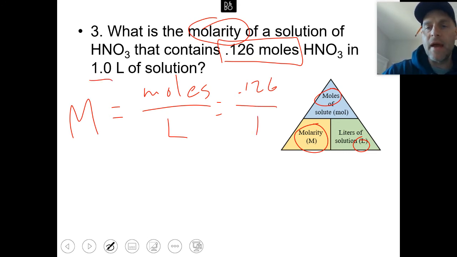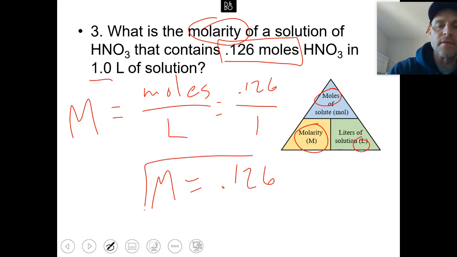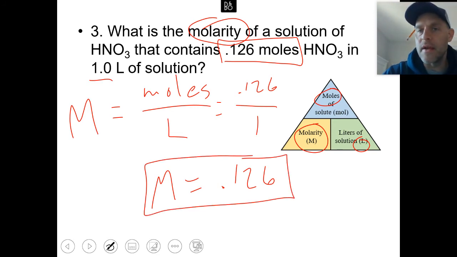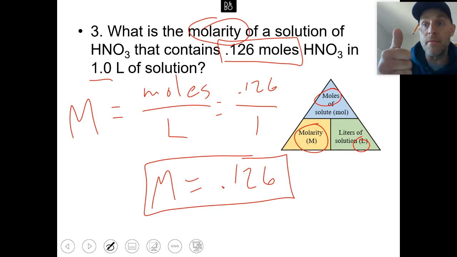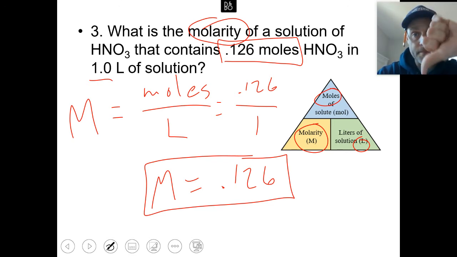Anytime there's a 1 on bottom, that's an easy one. Molarity equals 0.126. There's your molarity. And remember, molarity is a quantitative measurement of concentration. The higher the big M, the more concentrated, the stronger the solution. The lower the big M, the weaker, the more diluted, the less concentrated.